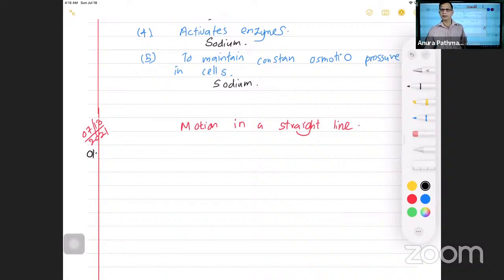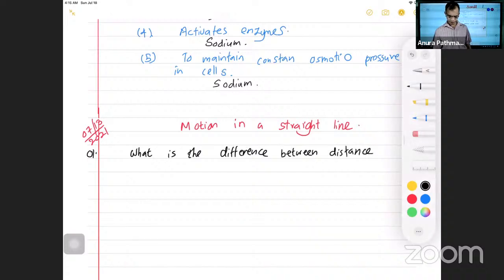What is the difference between distance and displacement?